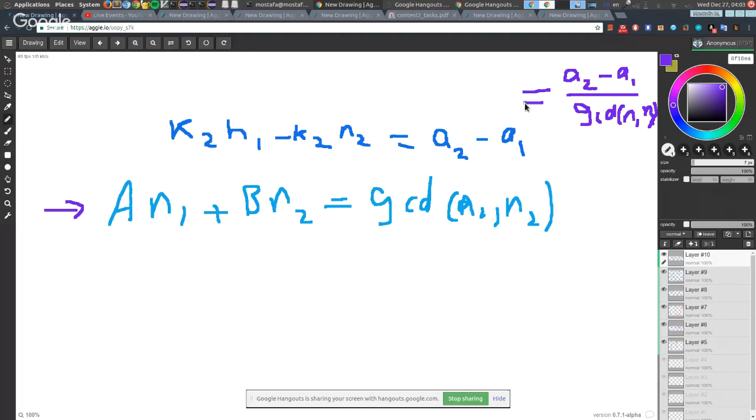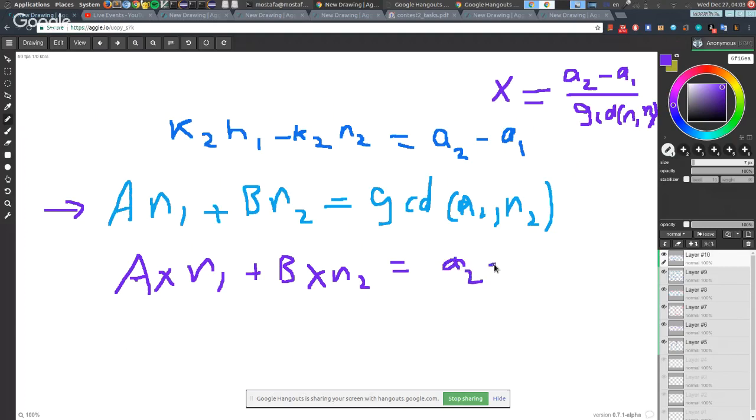After we multiply, I'll call this x for now. So here we have ax times n1 plus bx times n2, and this will be a2 minus a1. Like this, we derive the formula for k1 and k2: k1 equal to ax and k2 equal to minus bx.